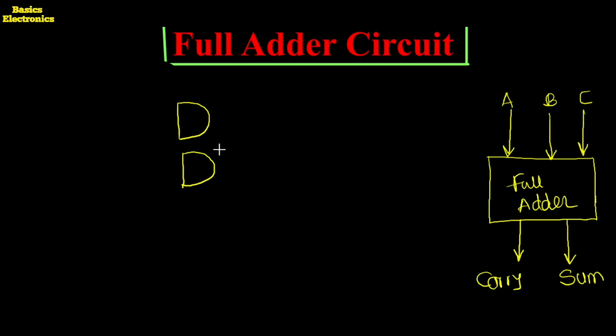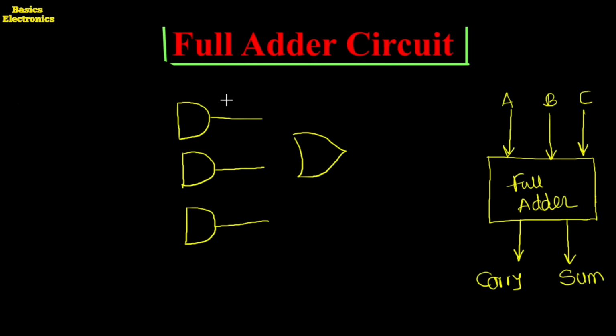The 3 AND gate outputs are applied to the XOR gate, and the 3 AND gate outputs are also applied to the OR gate, and this OR gate we use for generating the carry. It means the output of the AND gate is the carry output between 2 binary bits.